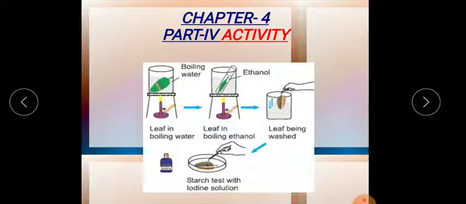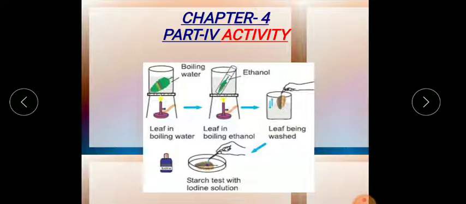It also destroys all the enzymes and proteins. So no further chemical reaction will take place inside the leaf, since chloroplasts and other organelles are killed and the chemical reactions will stop. And the most important point is that these cells will become more permeable so that they will absorb the iodine solution. So this is the first step.